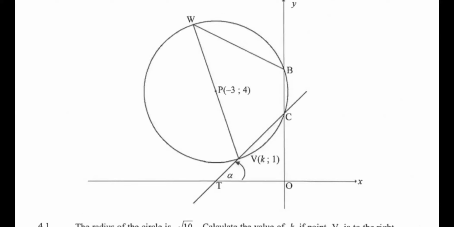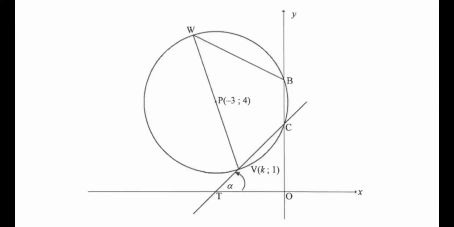Y equal to 1. Huda, what would this line look like? I think it's a horizontal line passing through y equal to 1. That's correct. Okay, so a horizontal line passing through where y is equal to 1.